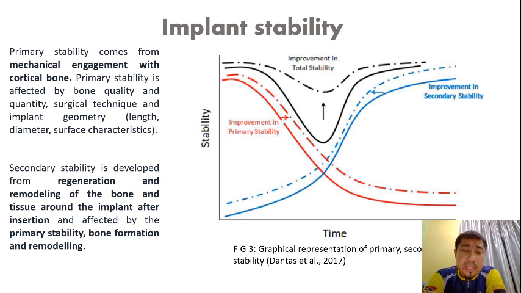And secondary stability refers to how the regeneration of the bone or remodeling of the bone, and also the tissue around the implant, will be formed, and that means the secondary stability really depends on how good the primary stability is configured by the orthosurgeon. It means the technique, it means the implant used, it means the bone quality at that time.